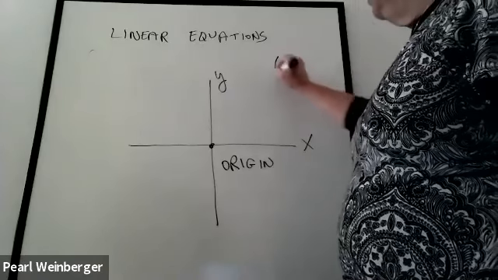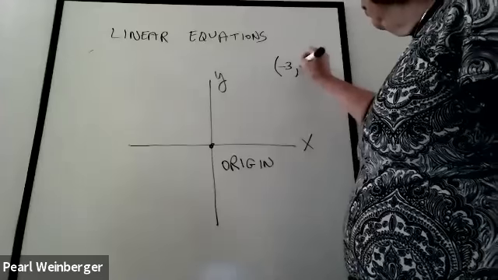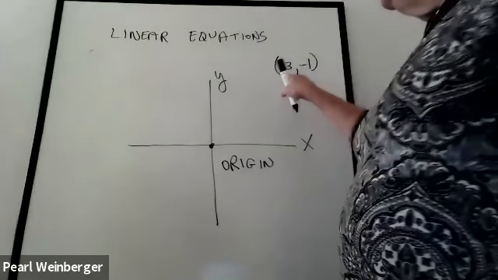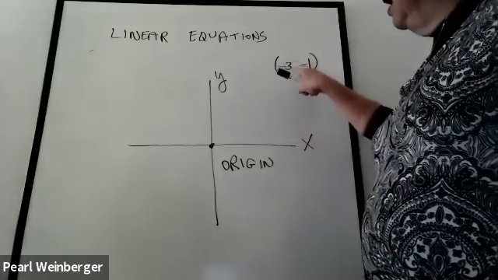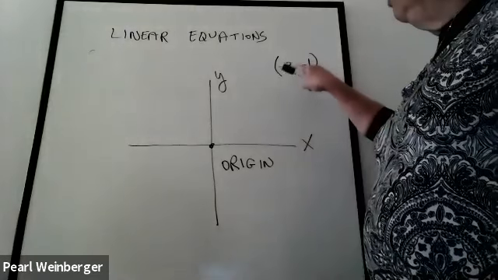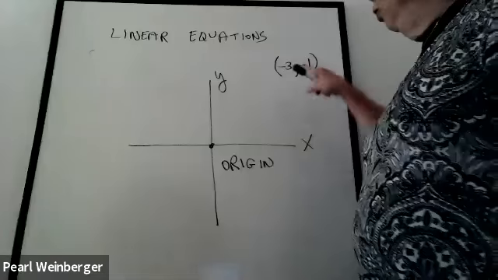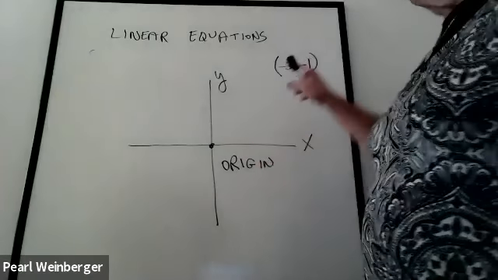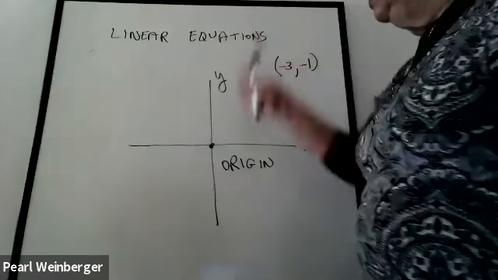For example, if I write something like this, (-3, -1), in parentheses, this is called an ordered pair of numbers, and it represents a point. What do you mean it represents a point? It's numbers. How can it represent a point? Because it tells you the location of a point on the graph.